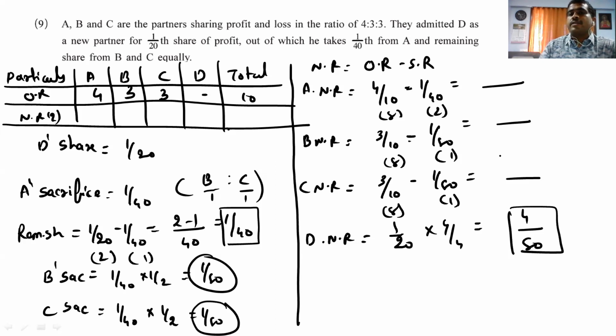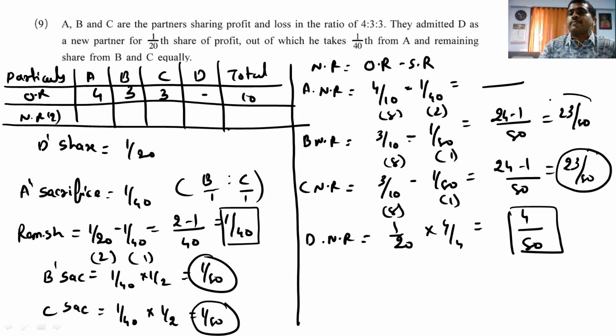Here comes 8 3s are 24 minus 1 by 80. Here also 24 minus 1 by 80. Here 8 4s are 32 minus 2 by 80.